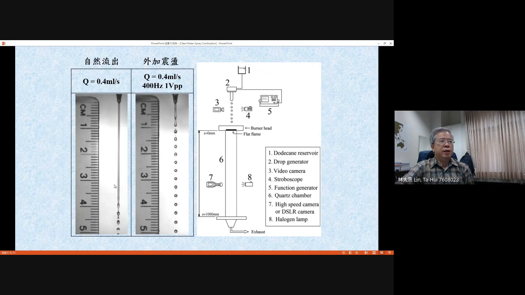But when you're forcing a certain frequency, in this case 4,000 hertz, by this condition you can produce periodically occurring droplets with a constant uniform droplet size and a constant separation distance, because this kind of excitation fits very well with the wavelength required for breakup. Okay, this is a system we used for our previous free-falling droplet experiment system.